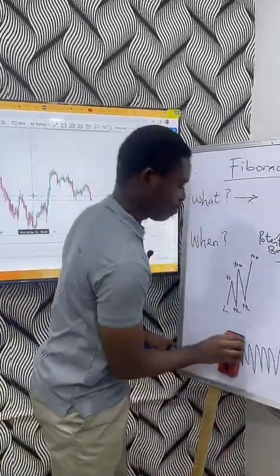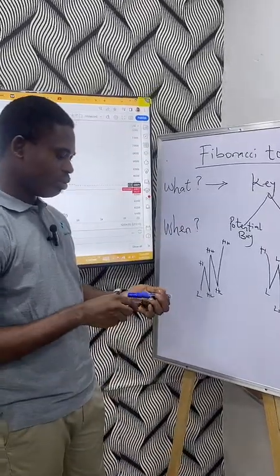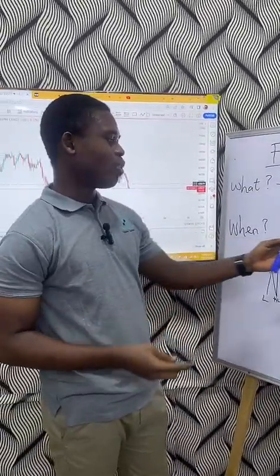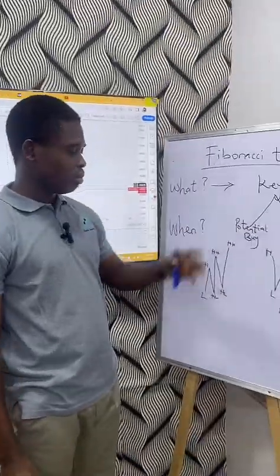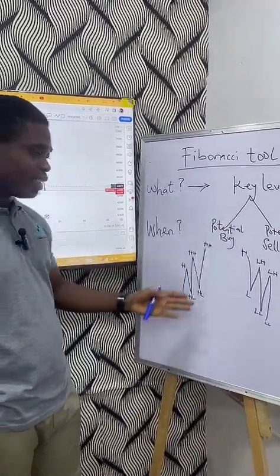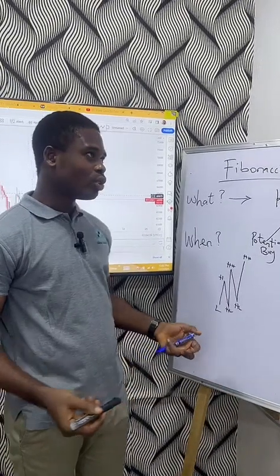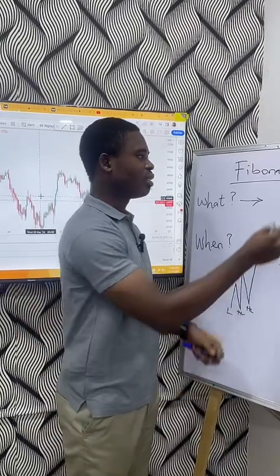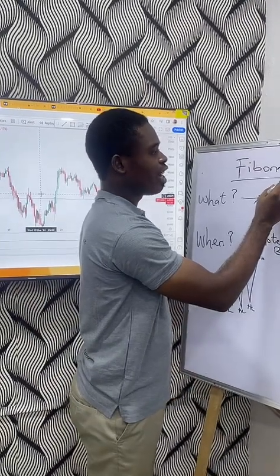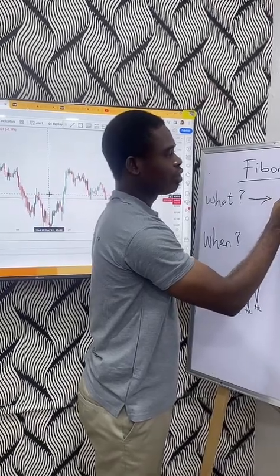Okay, so it is used whenever we have potential buying and potential selling opportunities to enter the market at key levels. Now, these key levels, according to many traders, we have 0.5 or 50% levels.